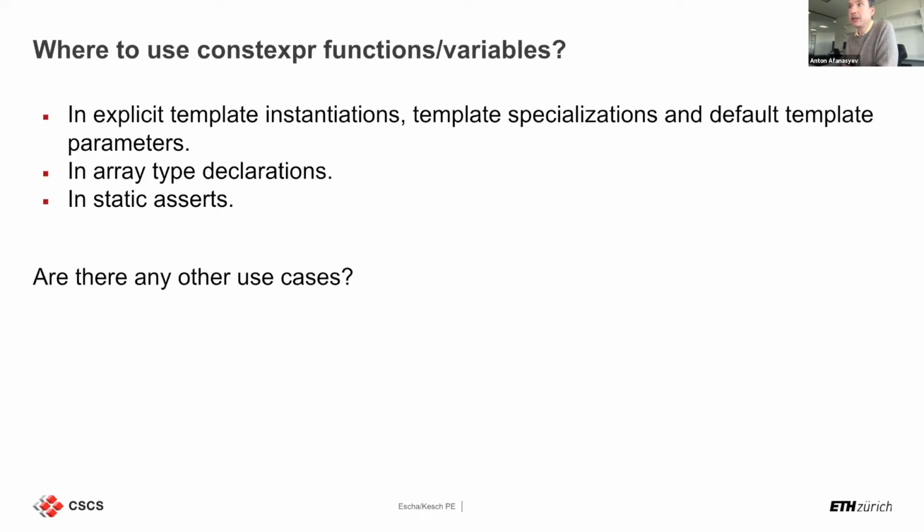So, do we have any other cases where constexpr is useful? And the answer is no. And this is an important remark, because some people have a misunderstanding that if you annotate all your functions as constexpr, you will gain something, or your runtime code will be faster.